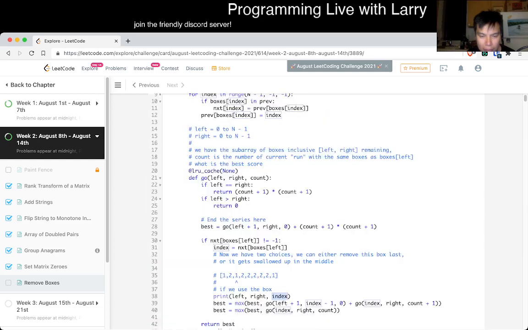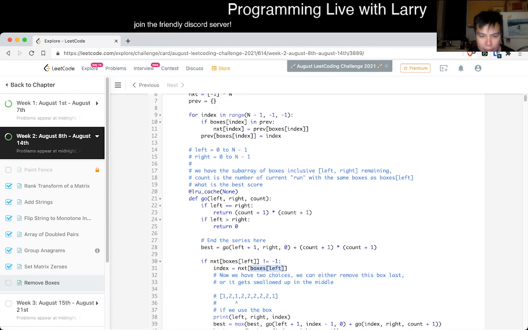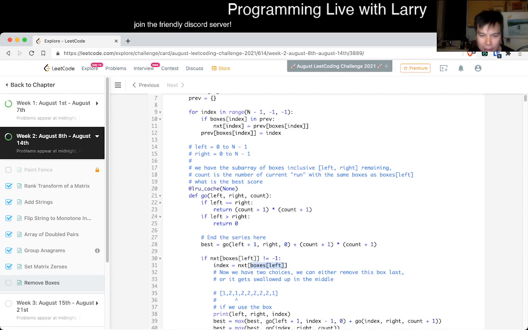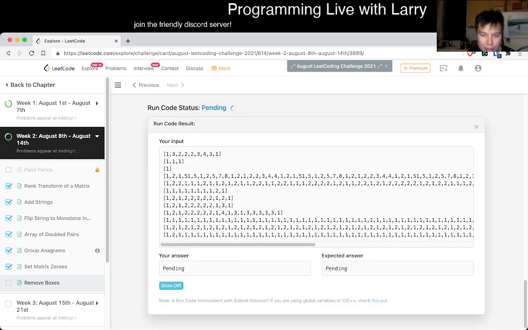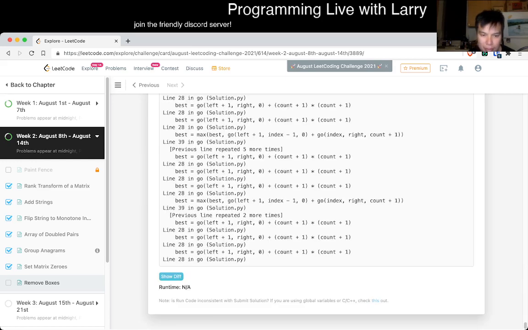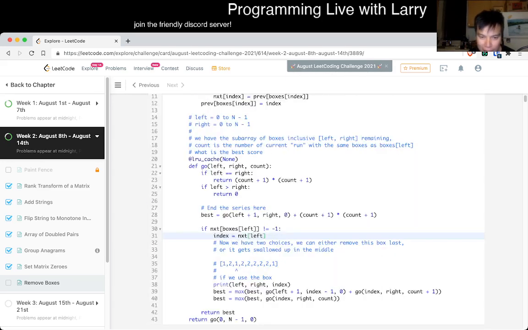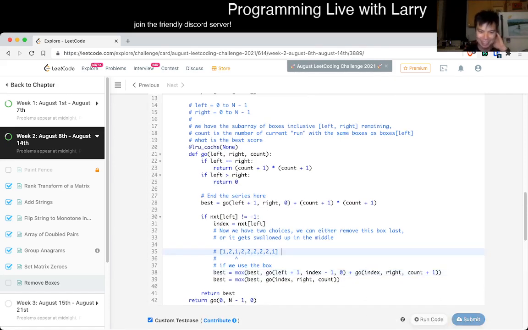Oh. I am dumb. Okay, fine. Well, this is -1, so actually I have to fix this as well. But I think this should be good now, maybe. I mean, better. I don't know if it's good.